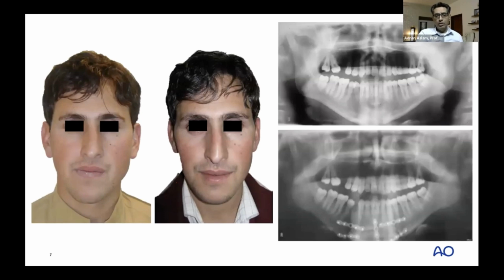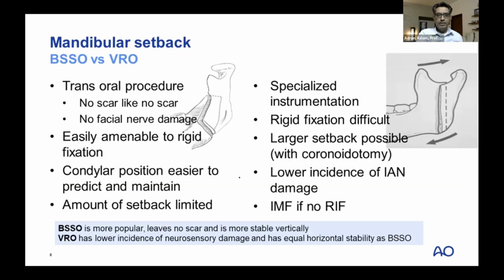So we ended up doing basically a combination of both to both set back the mandible and also correct the mandibular deviation. So we obviously removed the first premolar on the left side and then took the whole anterior part towards the left side and then did a bit of chin correction both in the vertical plane and in the transverse plane.